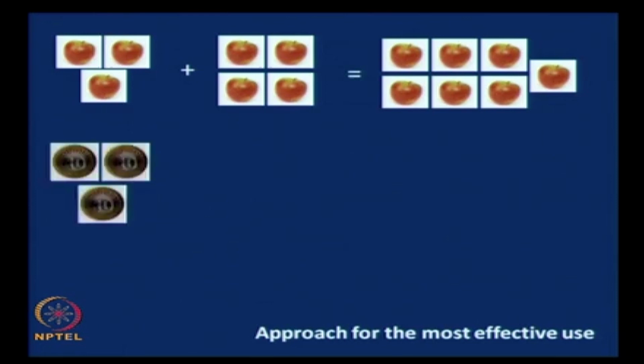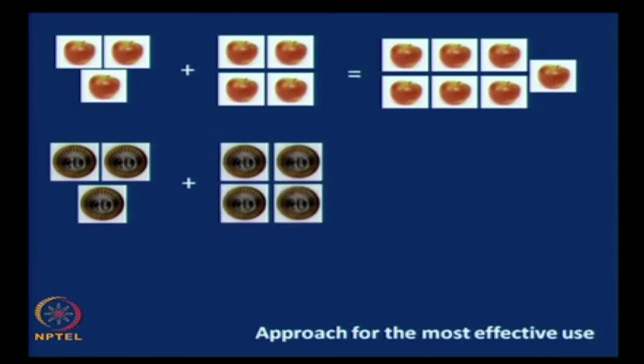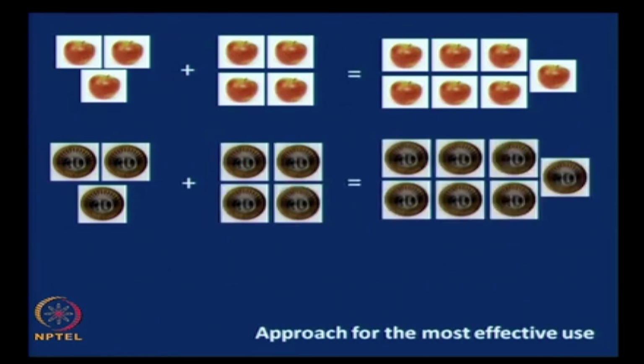Similarly, if you took 3 coins and added 4 coins to it, you would have 7 coins. Instead of talking about 3 apples separately or 3 coins separately, if we recognize that this can be abstracted as the number 3 and this as the number 4, the sum would always be equal to 7.